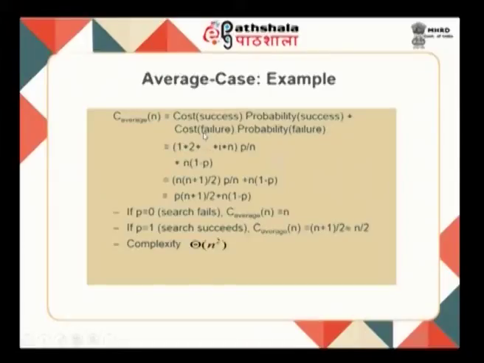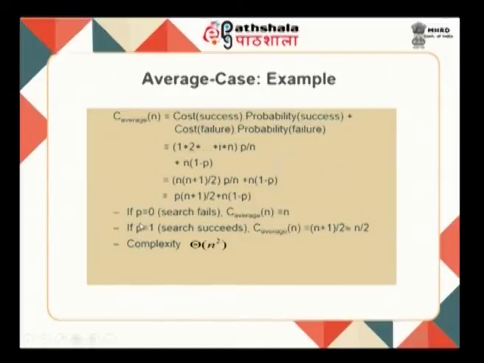The cost of failure is n, and the probability of failure is 1 minus p. If we simplify everything, 1 plus 2 plus up to n is nothing but the Gauss formula, n into n plus 1 by 2, multiplied by p by n, plus n into 1 minus p. If we simplify everything, then we get this.